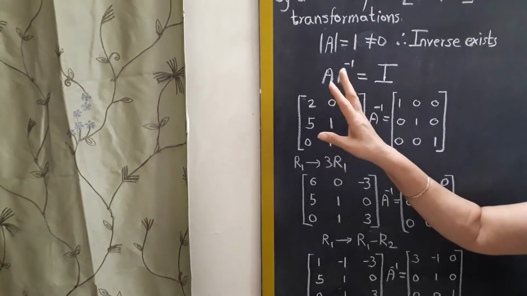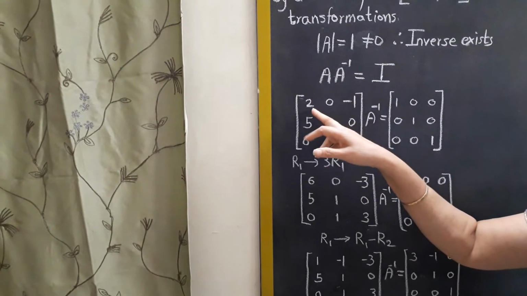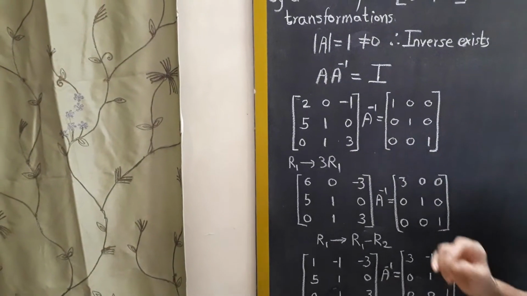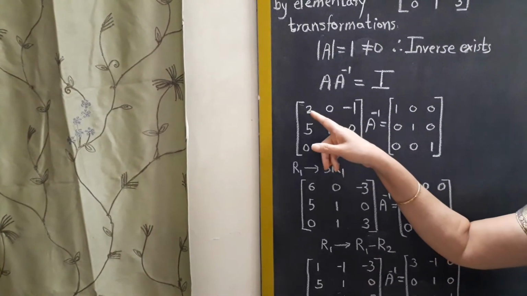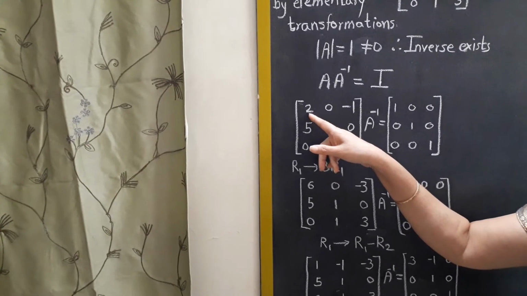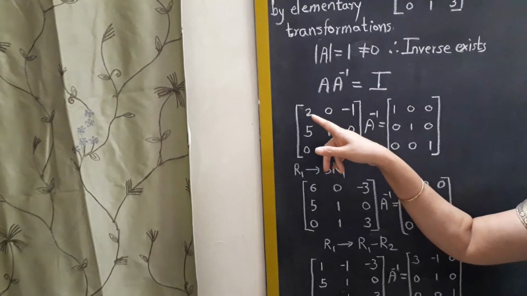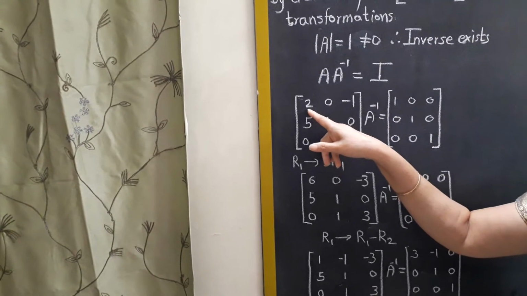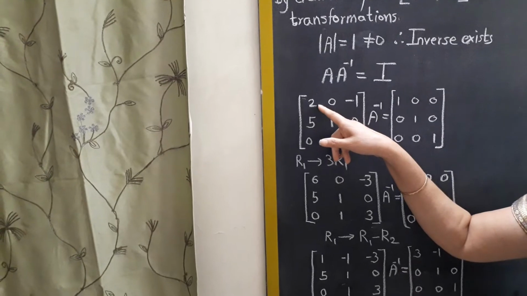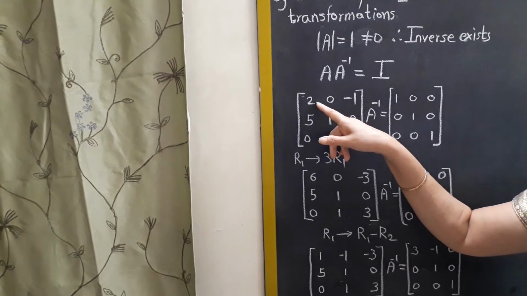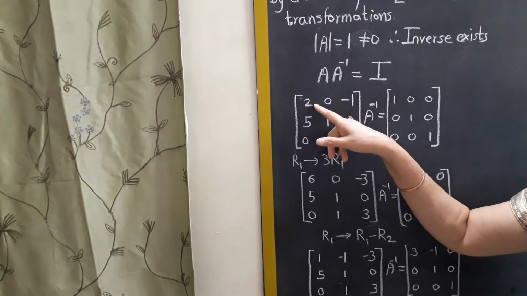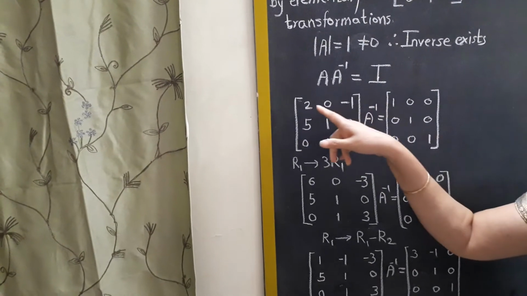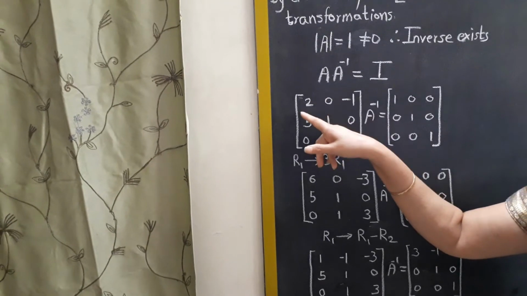Now there are two ways, or actually many more ways. The transformation I can select is Ri changes to k times Ri. Here, to convert the number 2 into 1, we can consider k as 1 upon 2, 1 upon 2 times the first row. This means I can divide by 2.